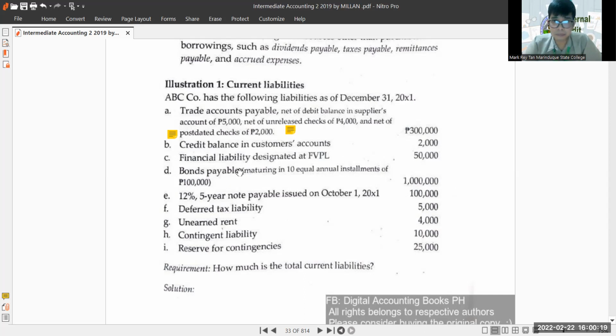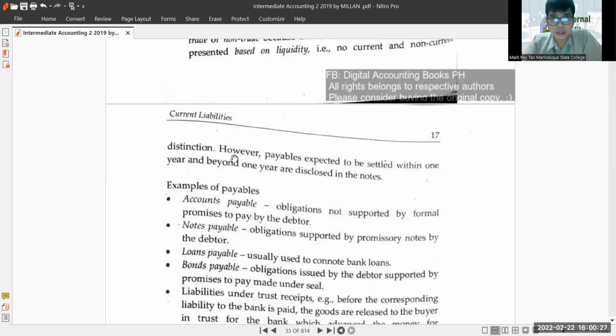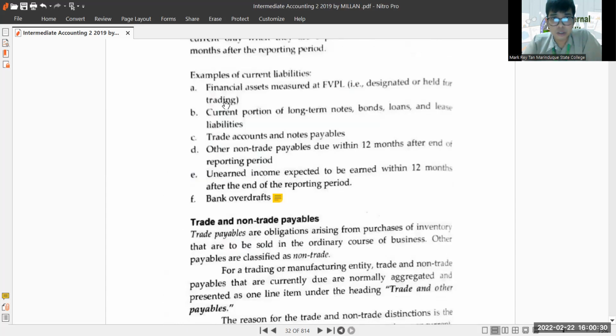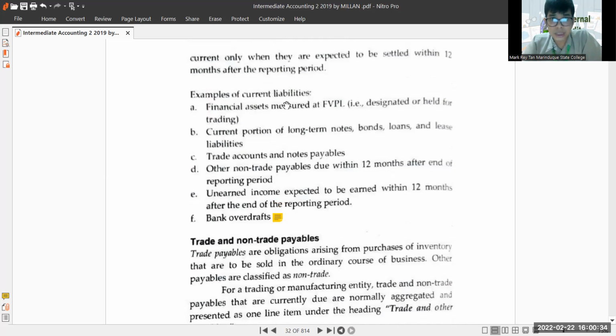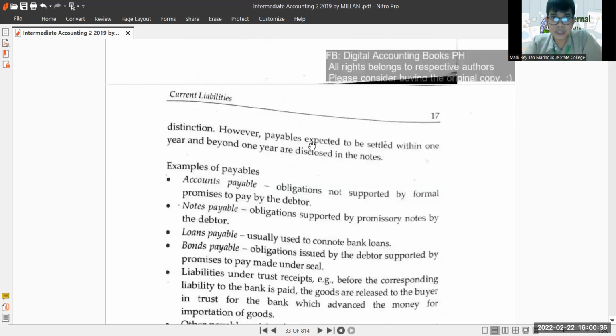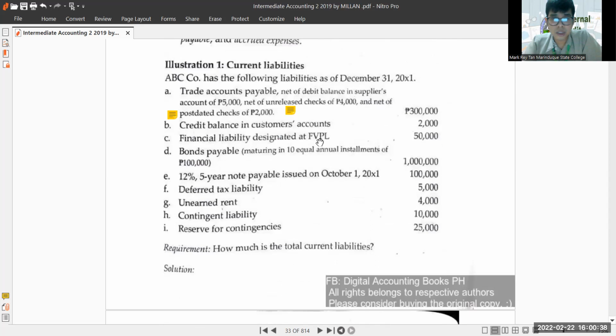Letter C, ayan. Financial liability designated at fair value to profit or loss. Ayan. So ito yung sinasabi ko kanina. Financial liabilities measured at FVPL, so dito is current liabilities. Obviously, since FVPL siya, pag sinabing FVPL, fair value to profit or loss, so this is considered current liability.